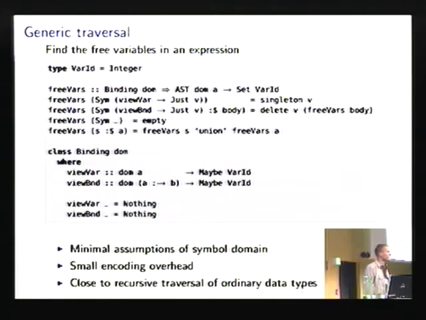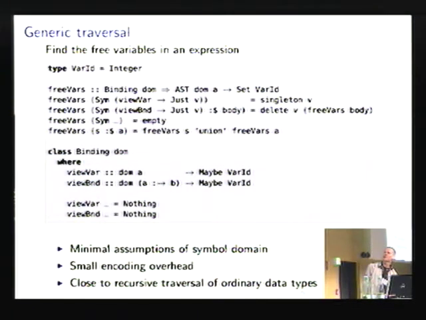A slightly more interesting example is to find the free variables in an expression. So freeVars takes an expression and returns a set of variable identifiers. But in this case, we have to know a little bit more about the domain. We have to know which symbols are variables and which symbols are binders.